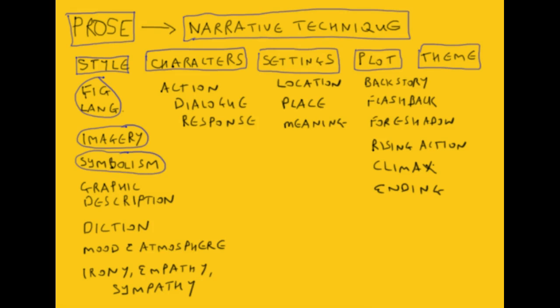Symbolism is what something stands for. It's not literal. So imagery and symbolism are quite different. If the imagery is not something which encourages the senses, then you can describe it as graphic description.